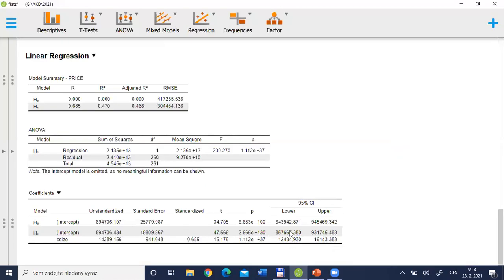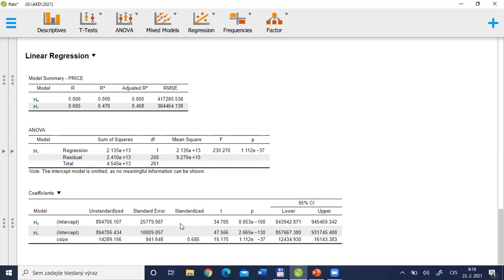Of course, you can also use this confidence interval for the intercept. As we previously discussed, the price for the average flat was approximately 900,000 Czech crowns. So according to this confidence interval, we can expect it could be maybe 860,000 Czech crowns, or as high as 930,000 Czech crowns.